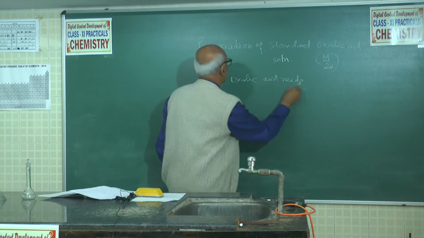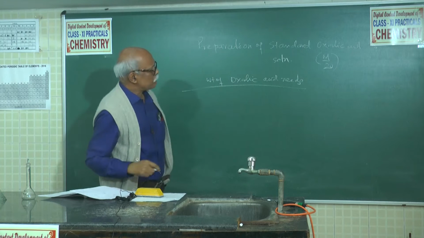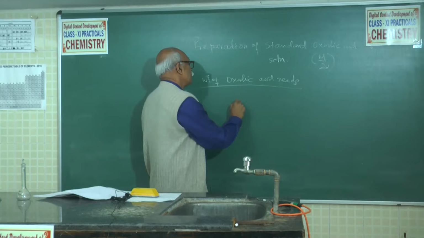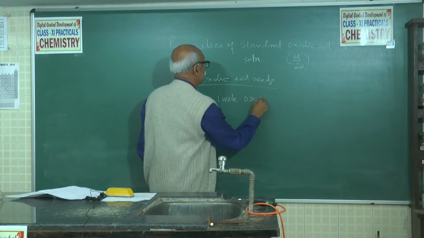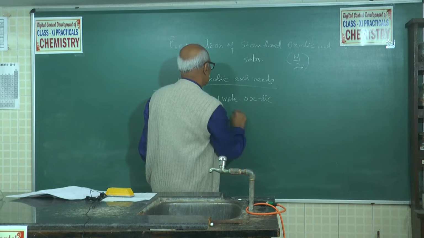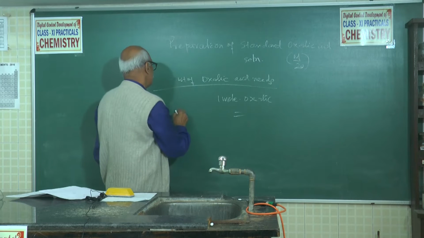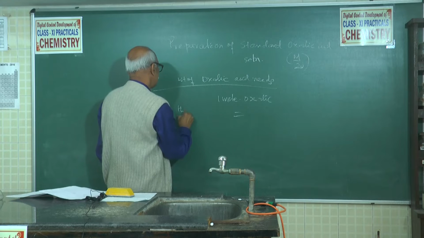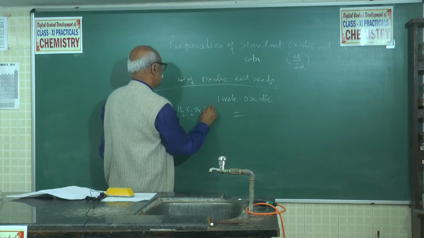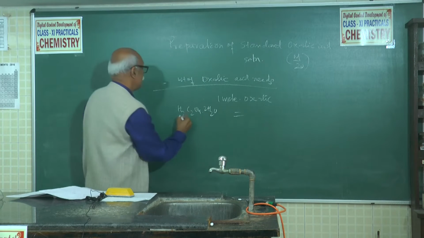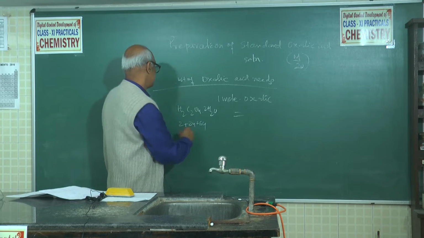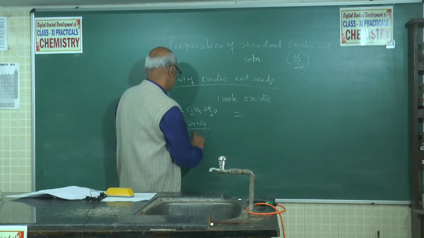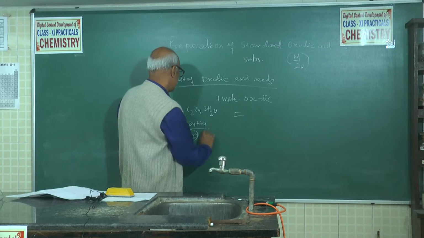How can you calculate the weight of oxalic acid? In the M by 20 solution, it is the same as, you know, 1 mole of oxalic acid is equal to its molar mass. The molar mass will be 126. H2C2O4·2H2O: this will be 2 plus 24 plus 64, which is equal to 90, and the water is 36.